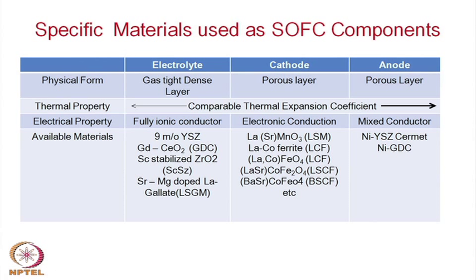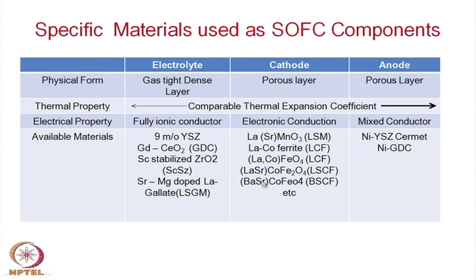These are all electronic conductors, not ionic conductors. So, all of them are good electronic conductors, primarily because you have variable valency cations here. We have seen earlier that most of the oxides having variable valency cations will lead to electronic conductivity or semiconductivity, and all of them have good semiconductivity at higher temperature, and they are fairly stable at the operating temperature of the SOFC.